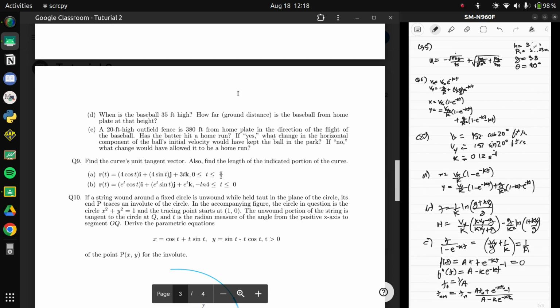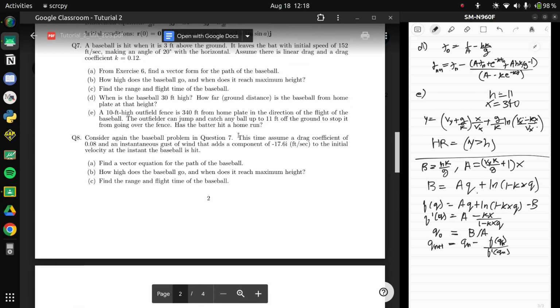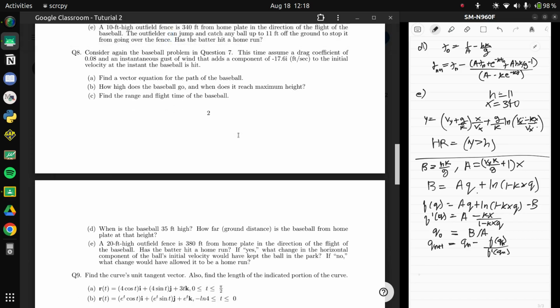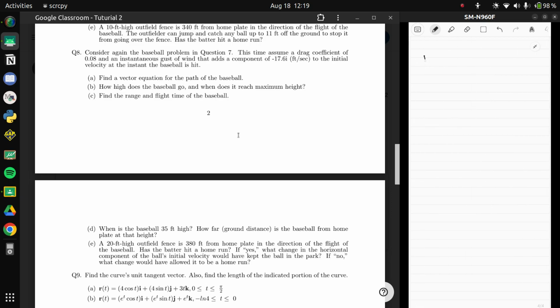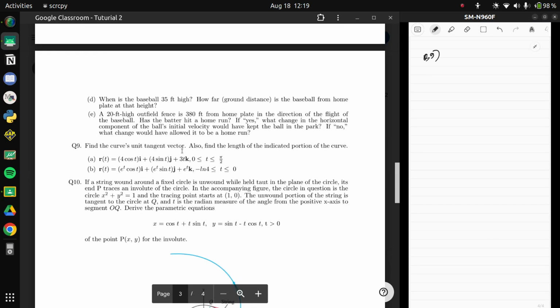Sure. So question number 8 is just a copy of question number 7. Fine. Question 9. Question 9 is, he's given some equations. Find the curve's unit tangent vector.